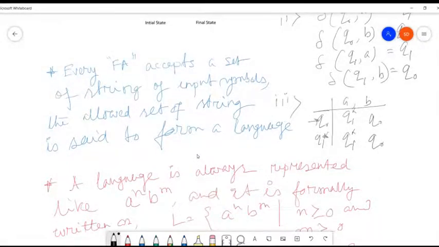All the strings that are accepted by a finite acceptor constitute a set, and that set we call the language. We say it like this: the language accepted by a finite acceptor.